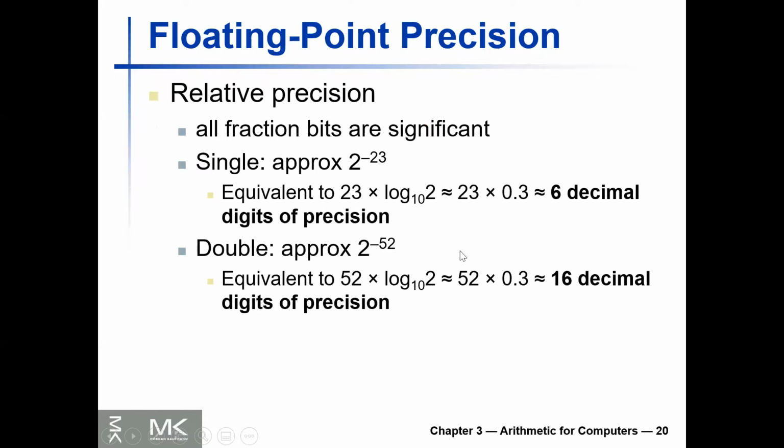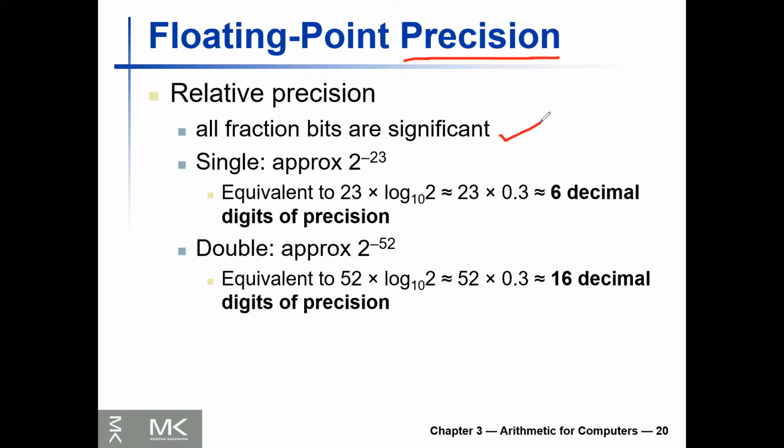Now we are going to discuss the actual conversion with an example. Inshallah, things will be clear. Before that, just look at the precision, that is, how accurately we can store or restore the stored information, which is the relative precision. All fraction bits are significant.